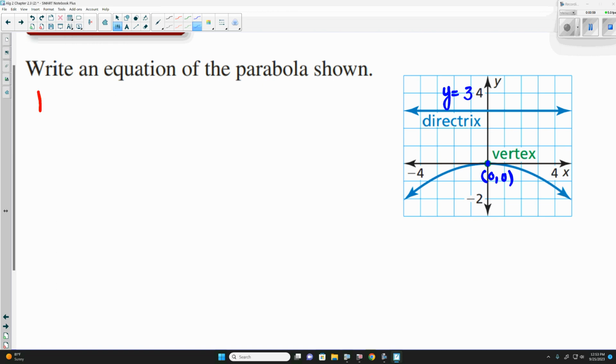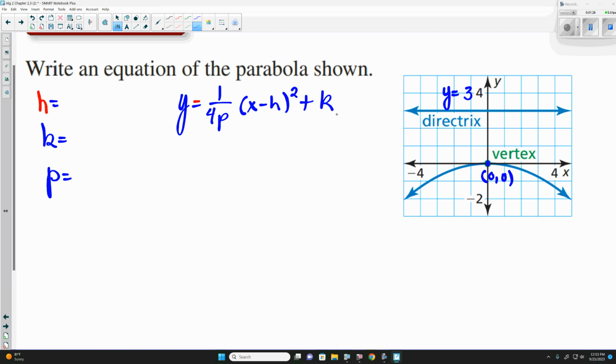Now again, to find the equation, we do need to find the values of h, k, and p. Luckily for us here, they did give us the graph of the equation. Since it is opening down, the equation that we'll be using is y equals 1 over 4p times (x minus h) squared plus k.